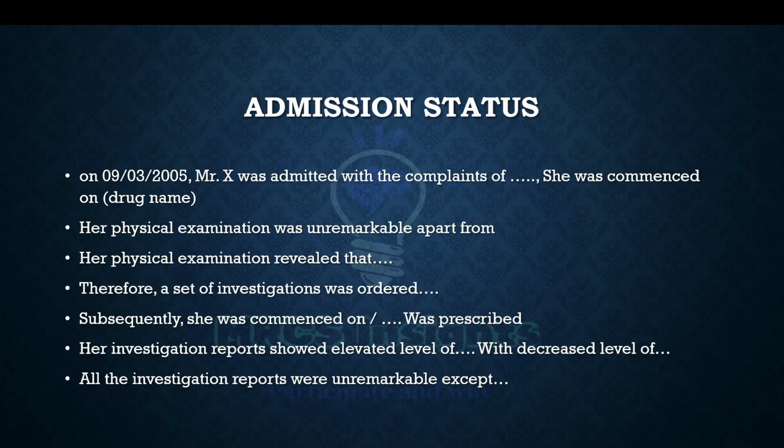Therefore, a set of investigations was ordered. Subsequently, she was commenced on, write the drug names, or you can write the drug names first, then write was prescribed or were prescribed. Her investigation reports showed elevated level of, write the elevated level of the findings or decreased level of. All the investigation reports were unremarkable except, write the positive findings.